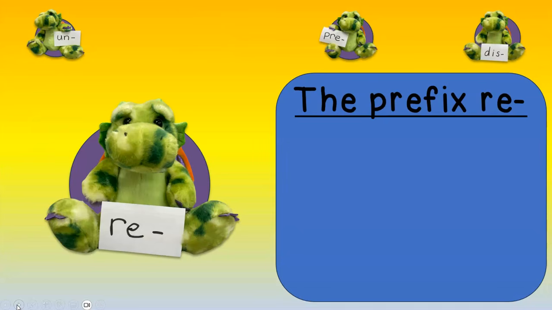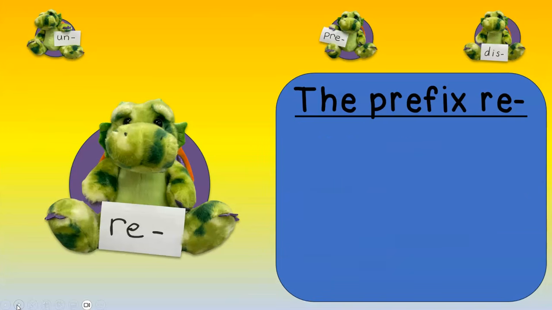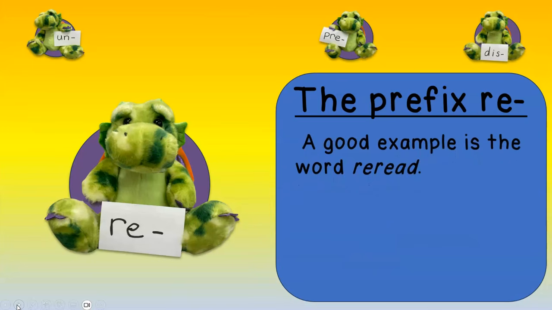Now, the second prefix that we're going to learn is the prefix re. And that prefix means again. We can add re to the beginning of some root words to show that something is being done again. A good example is the word reread.